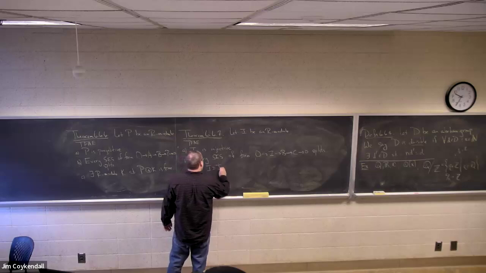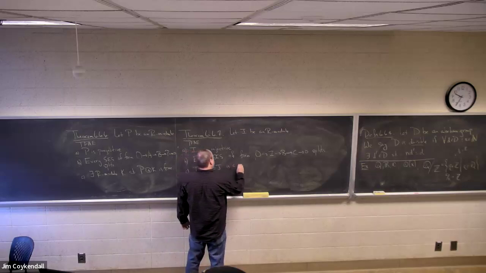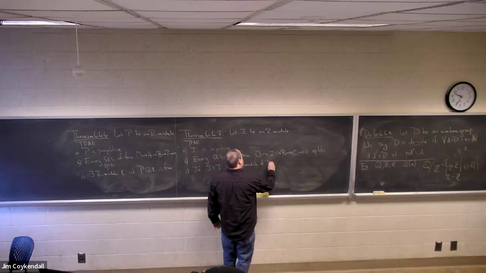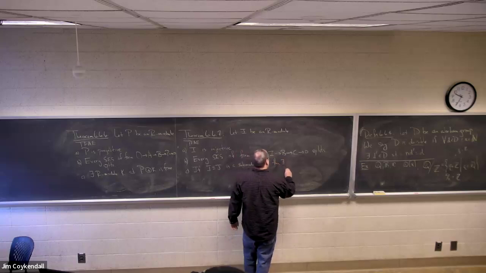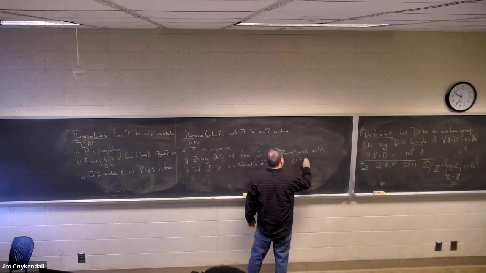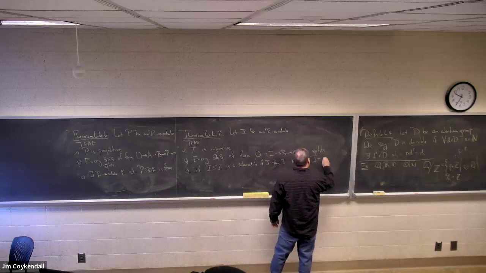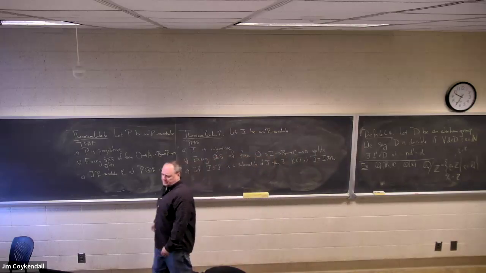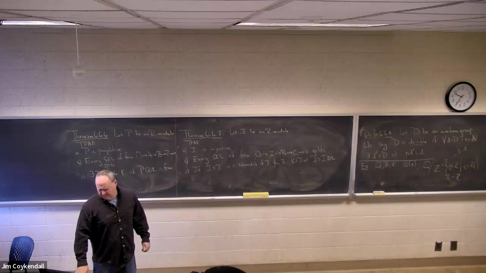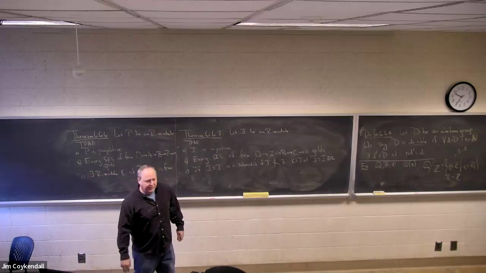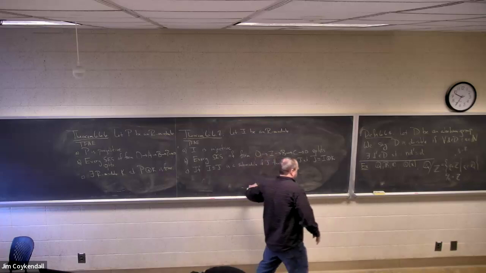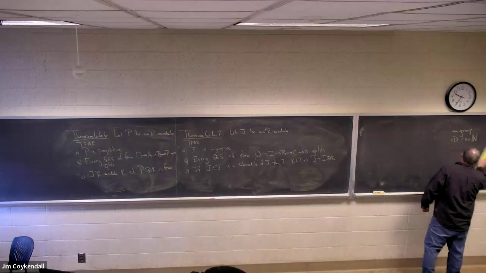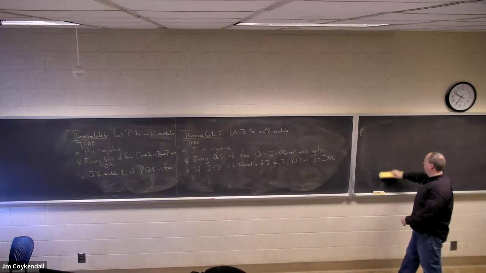If I is a submodule of J, then there is a K in J such that J is the direct sum of I and K. Okay, any questions on that? We will do a proof of 6.6.6, and I will leave you 6.6.7 without.